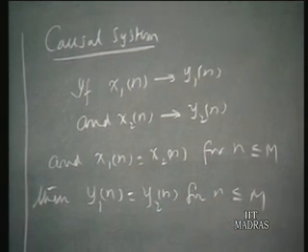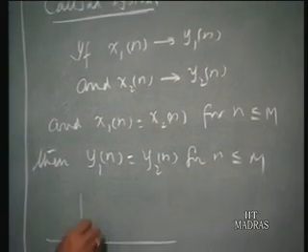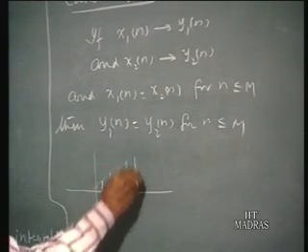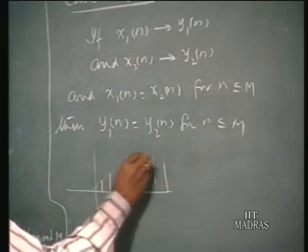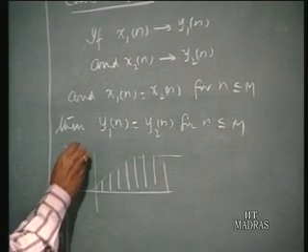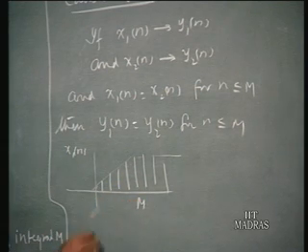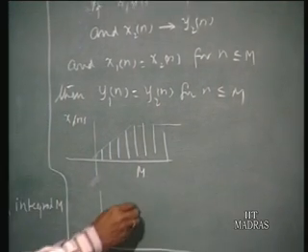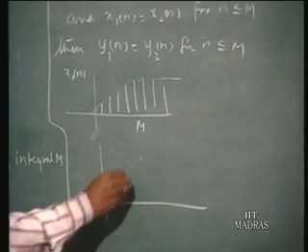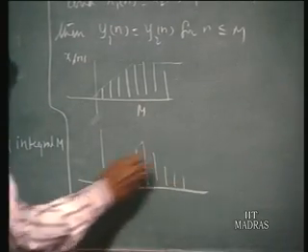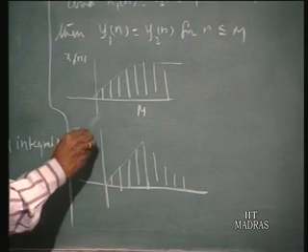What it means is, suppose I have two signals. This is say x1 of n. Up to the mth sampling instant, it is how it is. Let us take x2 of n, which has the same behavior up to this point, but then later on it may differ. So this is x2 of n.